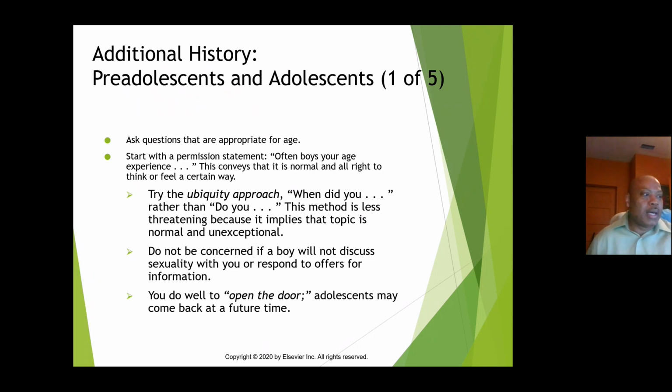But you can make sure that there's an open door policy so that in the future, if the child desires to come back and have this discussion with you, we obviously make that possible. All right.